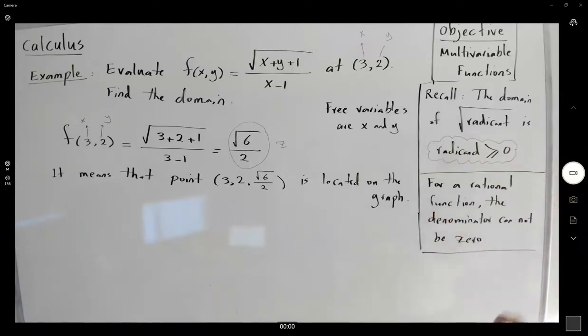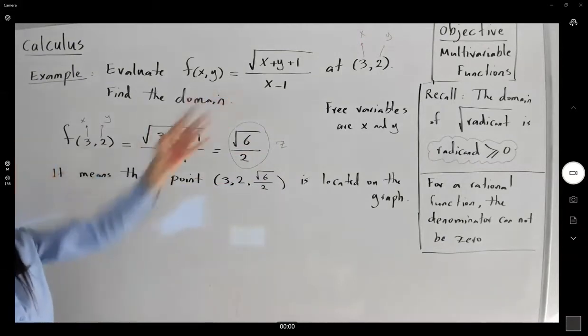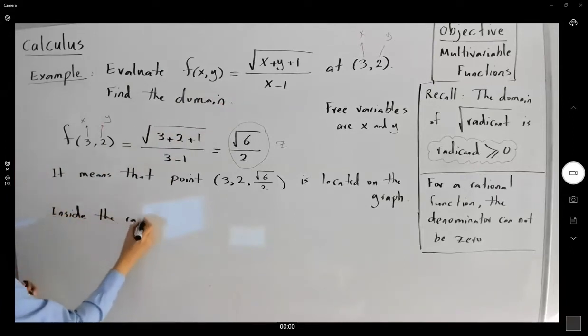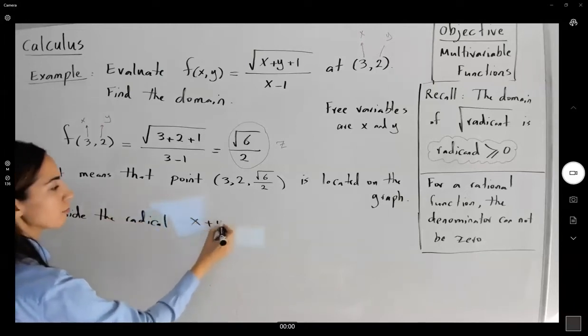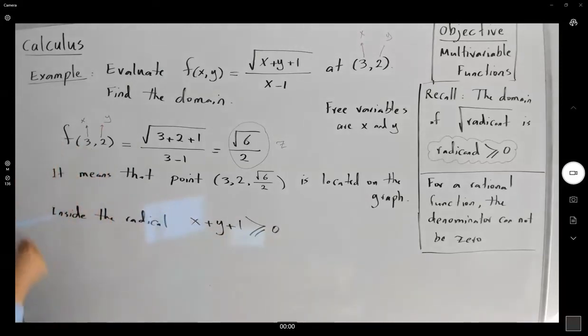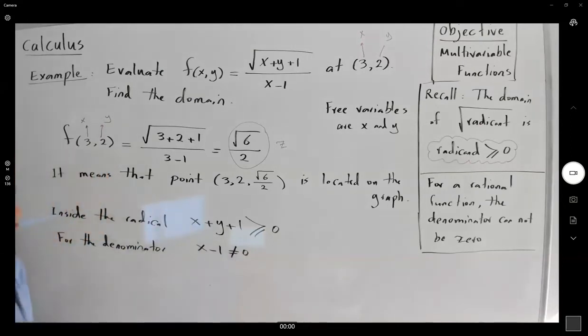Okay, very well. So I have this information that I learned from algebra, from elementary calculus. I'm going to apply that knowledge that I learned before to multivariable calculus. So inside the radical, what do we have? We have x plus y plus 1, which we have to set greater than or equal to 0. Also, for the denominator, x minus 1 cannot be 0.